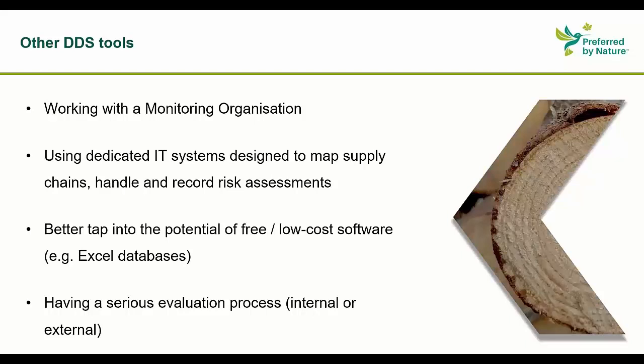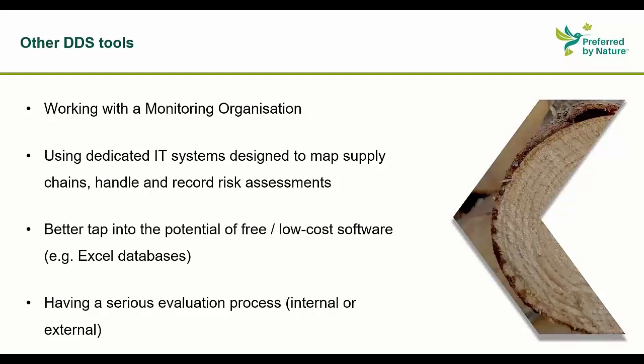Then there are dedicated IT systems out there that are specifically designed to map supply chains, handle and record risk assessments. This is useful for very big companies that have many supply chains, or for example, retailers that are far away from the forest level. Then they may use this kind of IT systems because it's easier and it's an interface that is directly with the supplier without necessarily sending out Excel-based questionnaires, compiling the information, and so on.